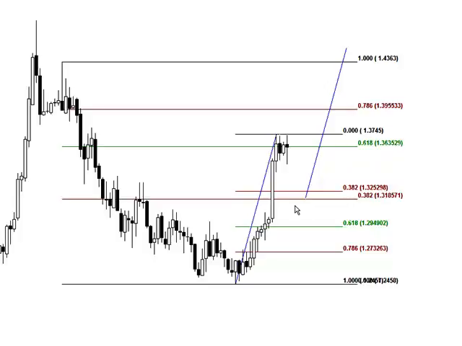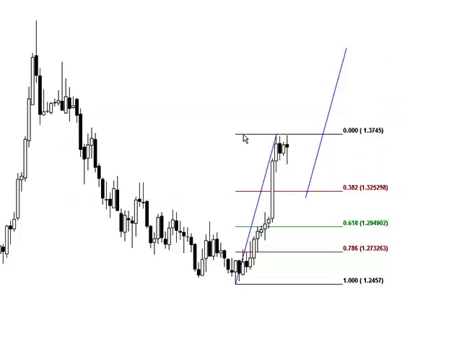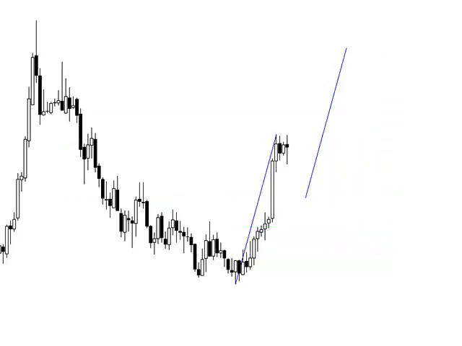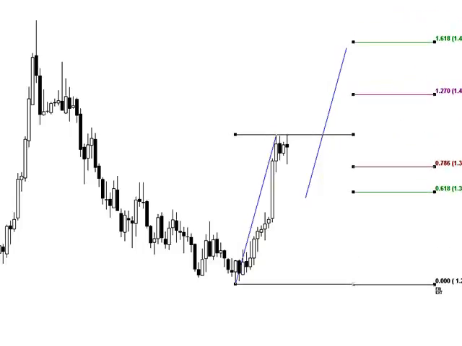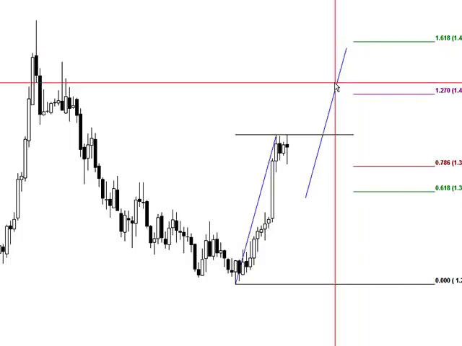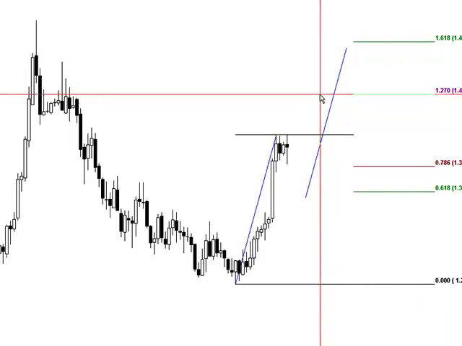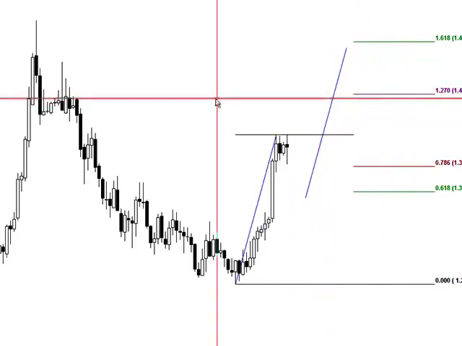Now, just to give you one more example of what we can do with our ratios, if we take our Fibonacci extension tool out and bring it from the last impulse leg low to high and then bring down our Fibonacci extension, we can see that right at the 127 extension, we're going to have some resistance as well.